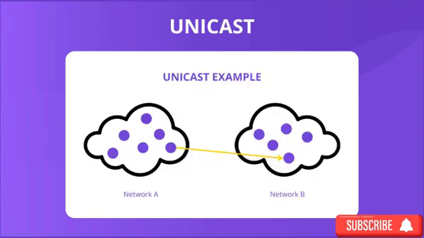So the unicast packet has a destination IP address, which is the unicast address to a single receiver. Since the packet is generated from only one source, the source IP address can only be a unicast address. And this, by the way, applies to all, regardless of whether the destination IP address is unicast, broadcast, or multicast.